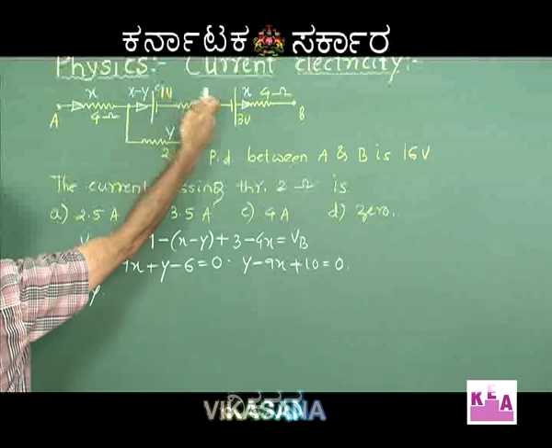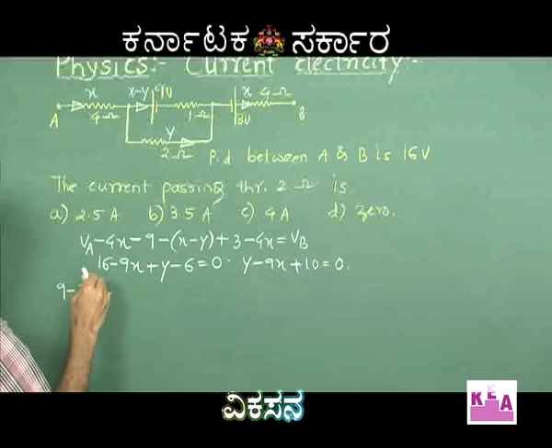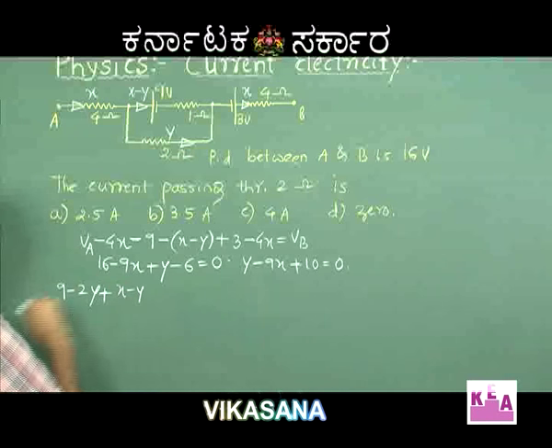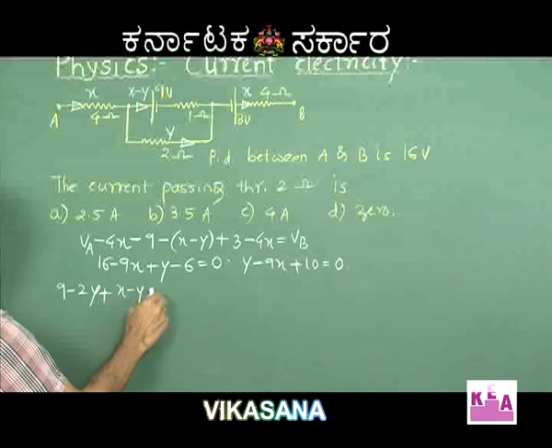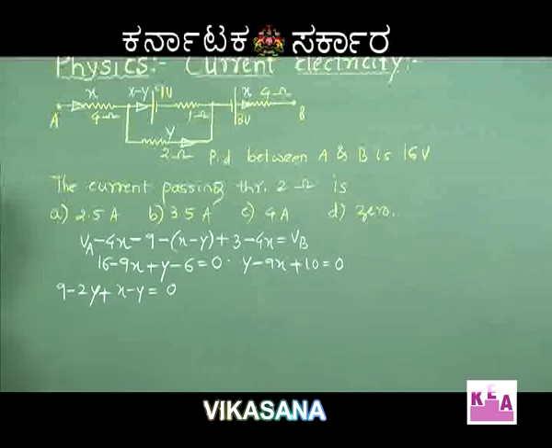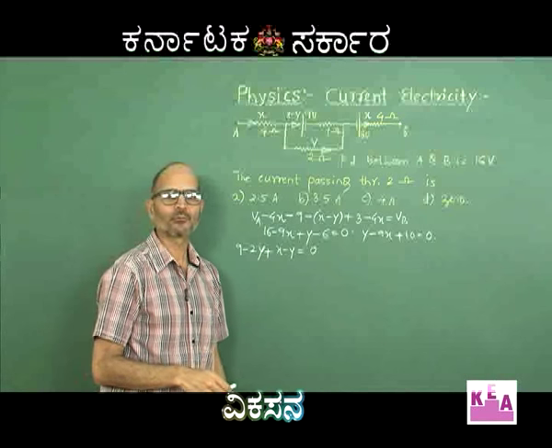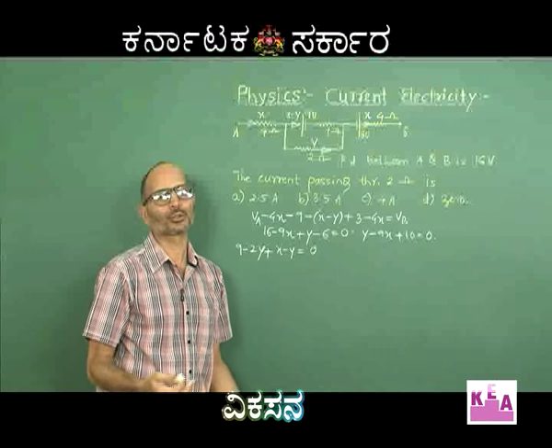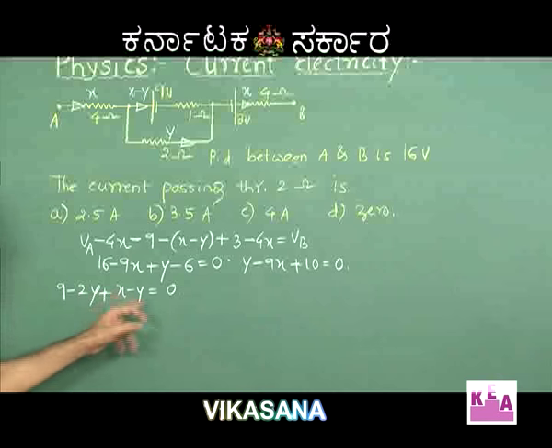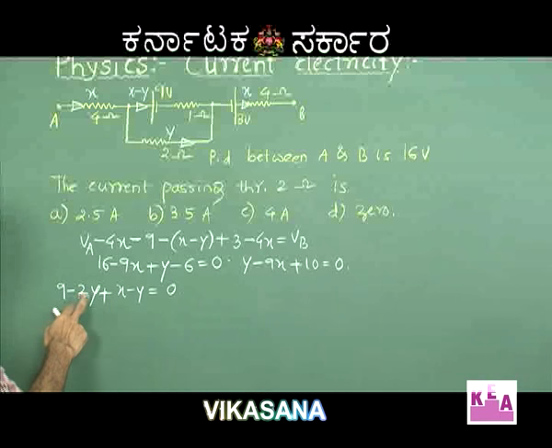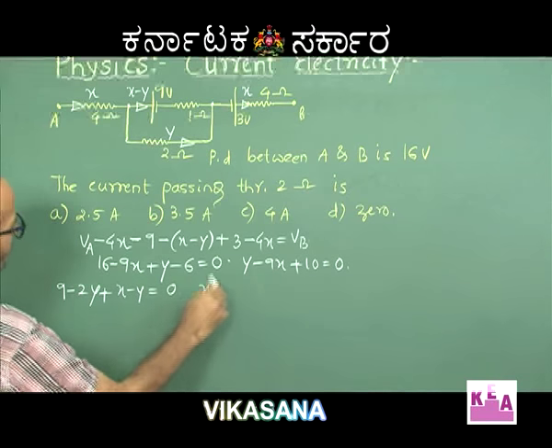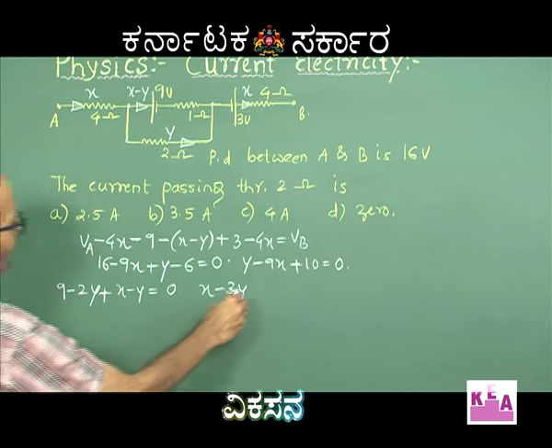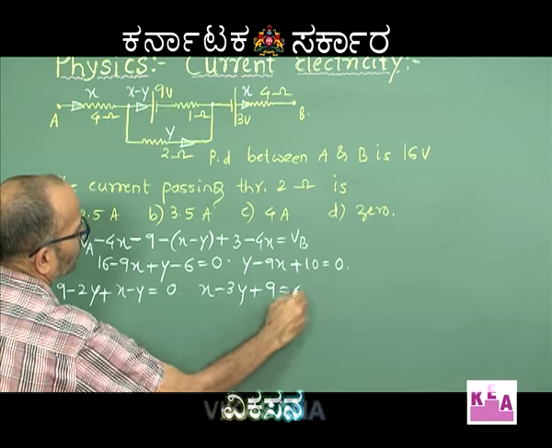Then I am coming opposite to the direction of the current, so plus, resistance is 1 and current is x minus y. One loop is over and the sum of the potential drops and rises in a closed loop taken together should be equal to 0. Now, if you solve this, x minus 3y plus 9 equals 0.